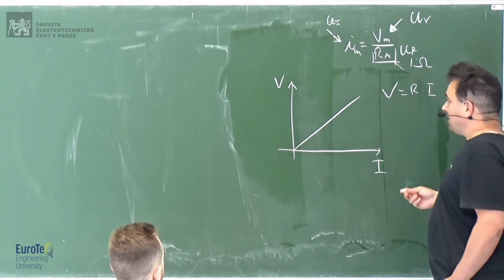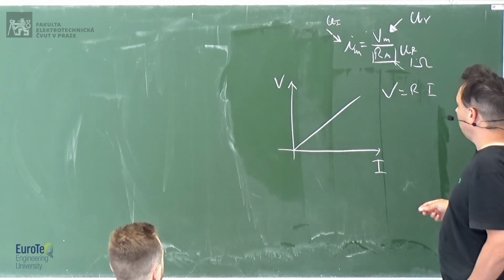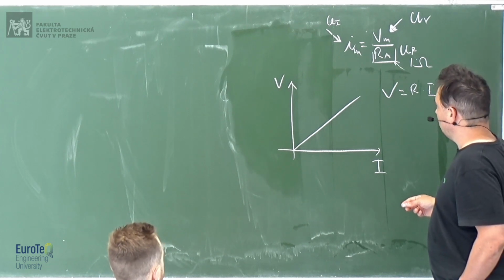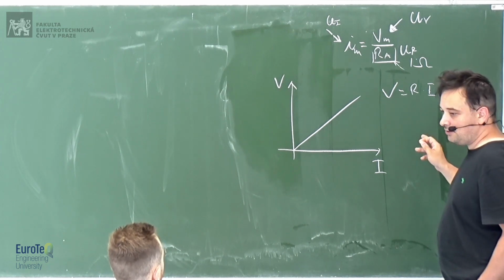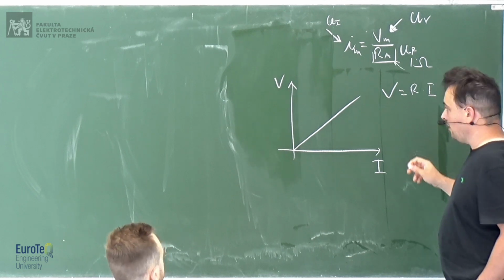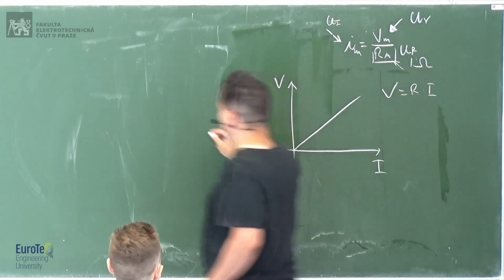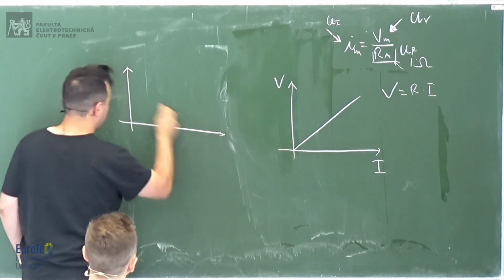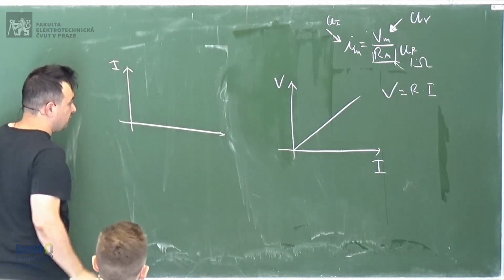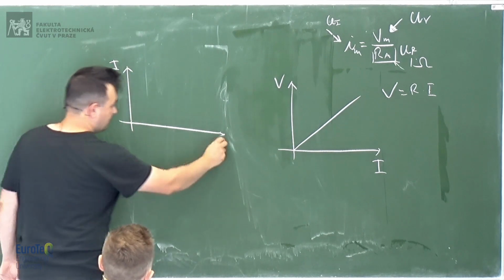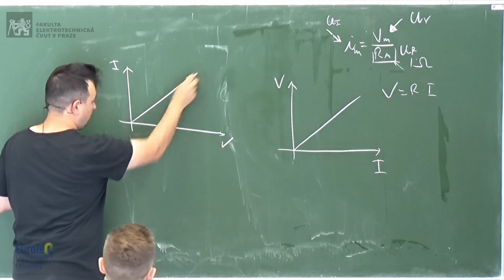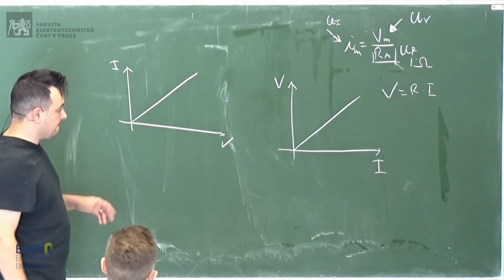Now, the purpose here was to measure the current. So, for instance, if I have a current here, we have to flip this characteristic: more voltage, more current.